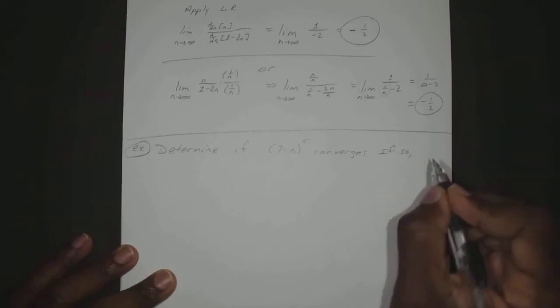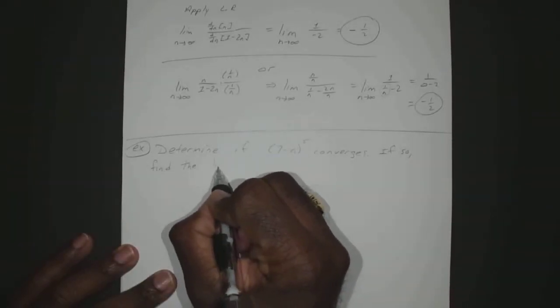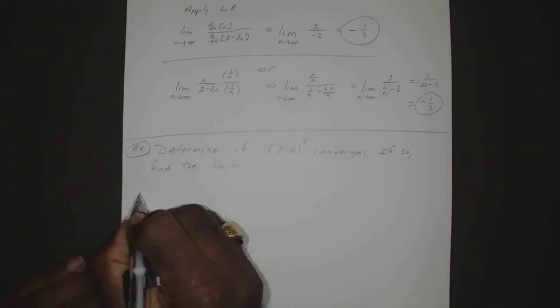So if so, find the limit. Okay, so we already know that the limit as n approaches infinity of n is just infinity.